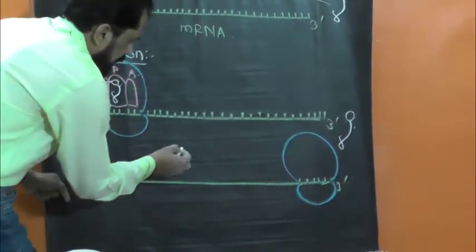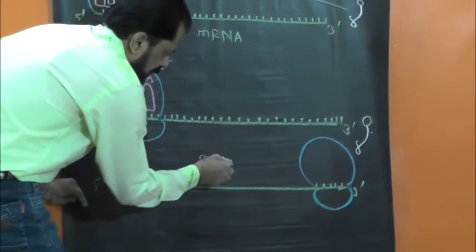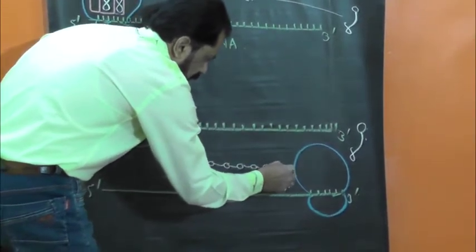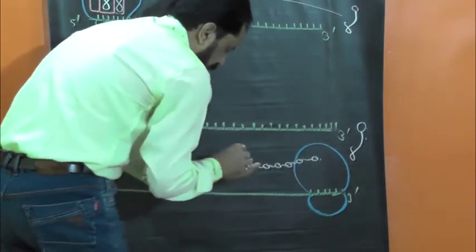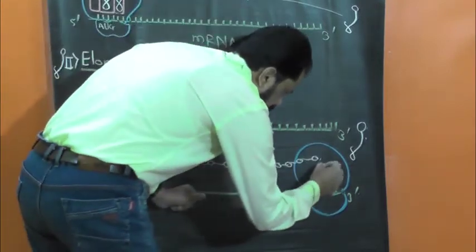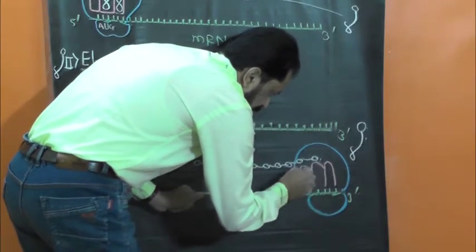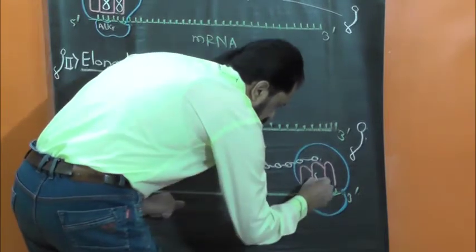And here is a formation of chain of amino acids, that is polypeptide molecule. As usual, I am going to show different sites, A, P and E site.